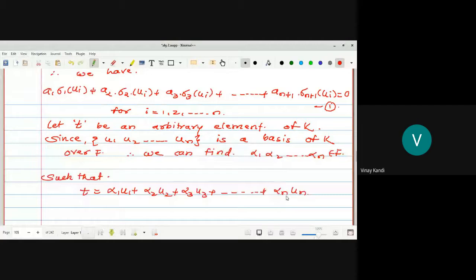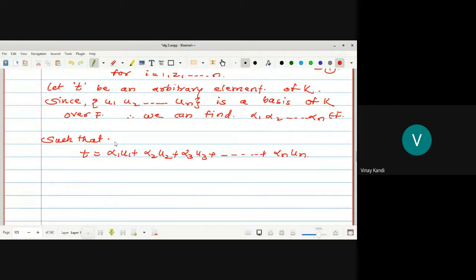Where all the coefficients alpha 1, alpha 2 up to alpha n belong to F. Now apply sigma 1 on both sides. Sigma 1 of t is equal to sigma 1 of alpha 1 u1 plus alpha 2 u2 plus up to alpha n un.